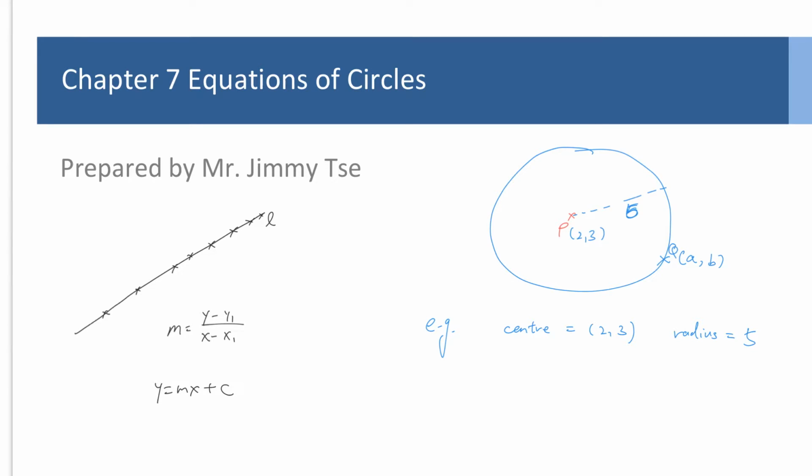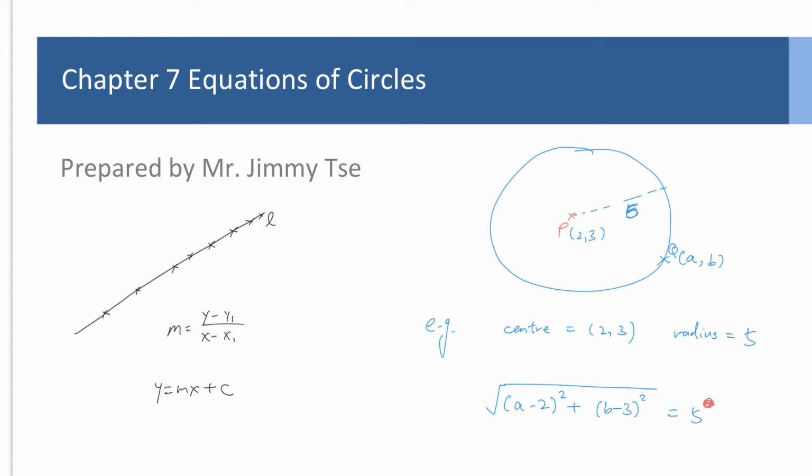What is the relationship between this point and the radius? I know they maintain an equal distance. So according to the distance formula, the square root of (a minus 2) all square plus (b minus 3) all square is equal to 5.